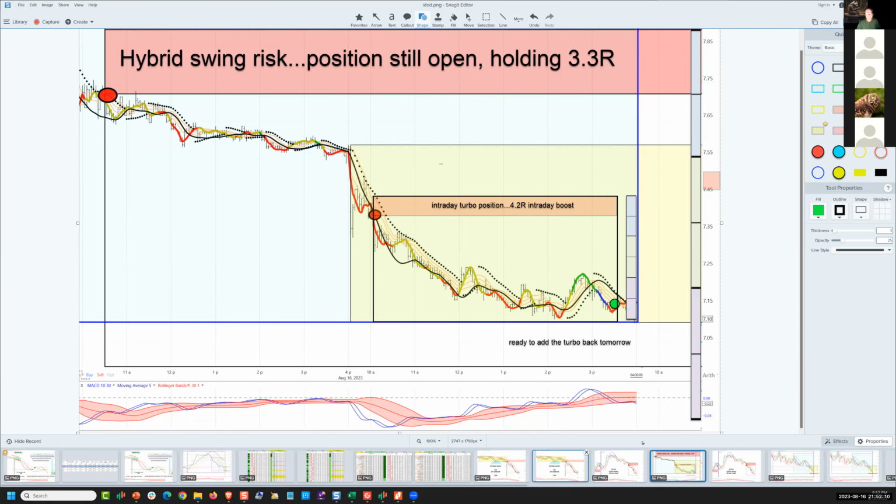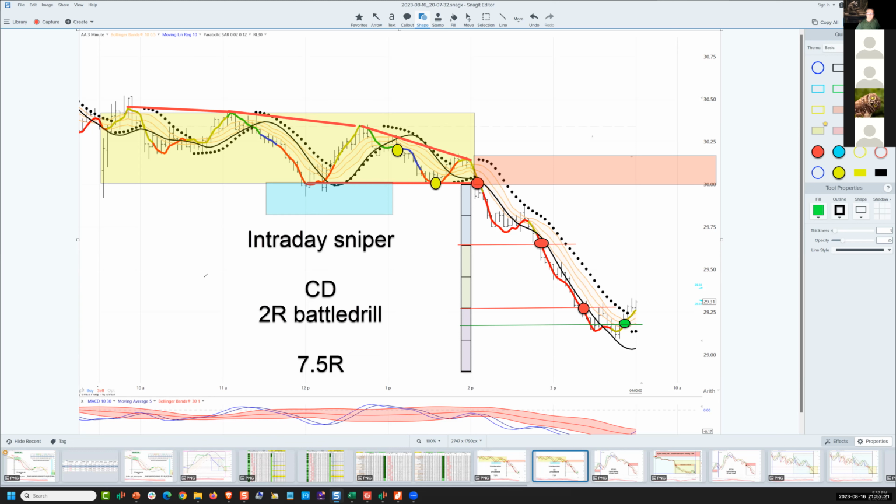Hey, look at this one. This one is an opportunity trade. Here's where it opened. And this is Alcoa. Why am I watching Alcoa? Those of you that know me, why am I watching Alcoa?